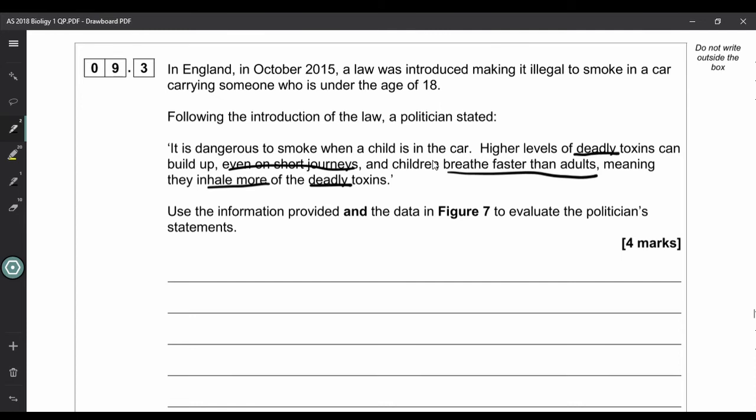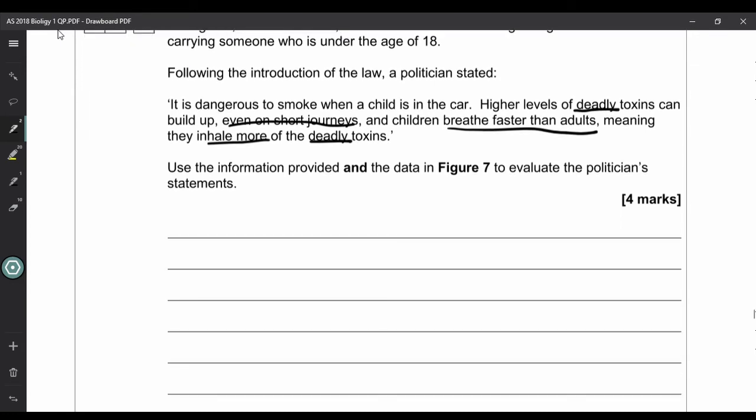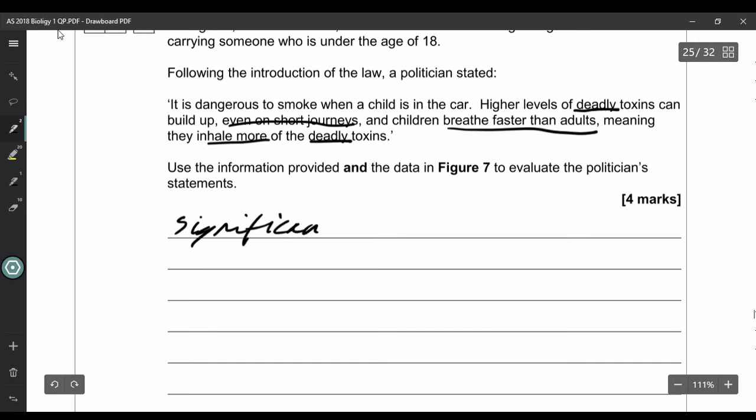So some of the things that we agree with this politician statement is there is a significant, again, use of these terms, significant difference. So there is a significant, and here it's important to say what that difference is. So whether it's higher or whether it's lower, rather than just be vague with there's a difference.